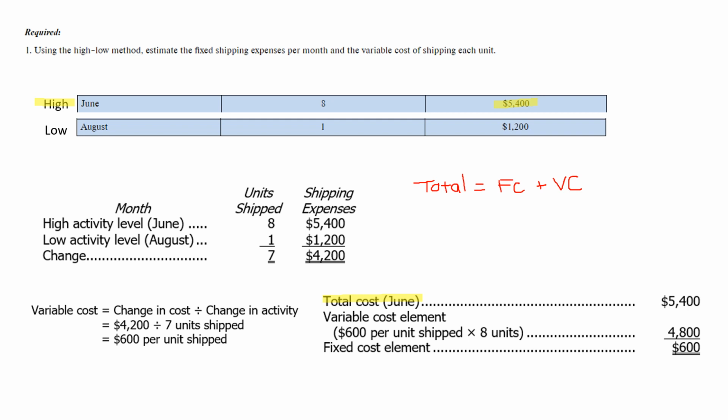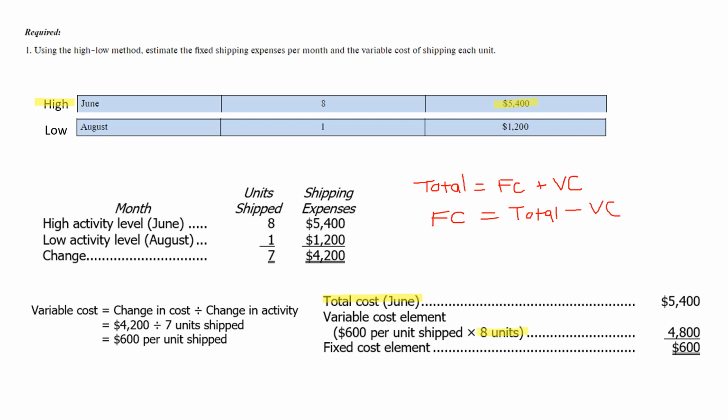So if we're looking for our fixed cost, we're going to want to take our total cost minus our variable cost portion. So here you can see, as we said, we have our 5,400 total cost. Looking at June for the 5,400, our variable units were 8. So we're going to have 8 units here. So we have 8 units from our data point.